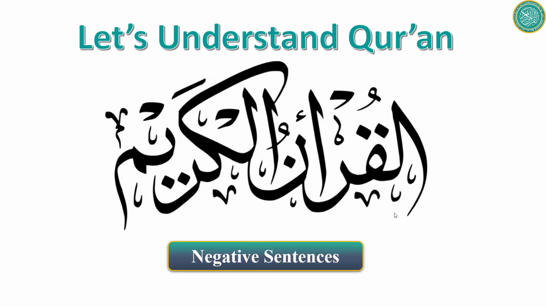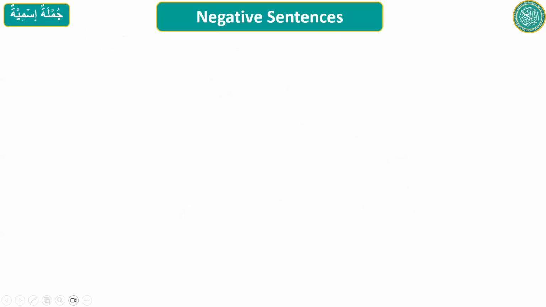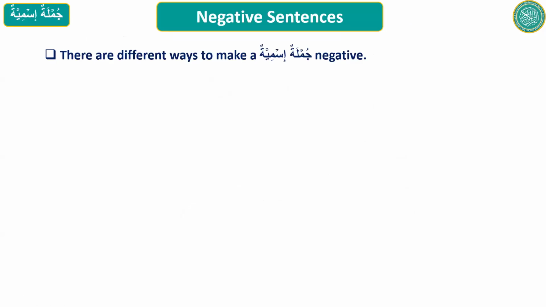That's what we're going to learn. And we are going to start with learning how to make jumla ismiya negative. There are different ways to do it. So we will learn, inshallah, many different ways to make a jumla ismiya negative.